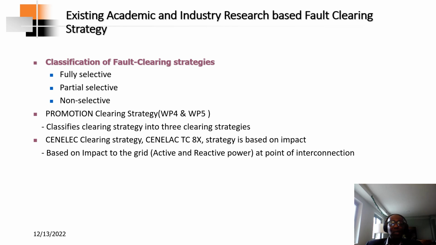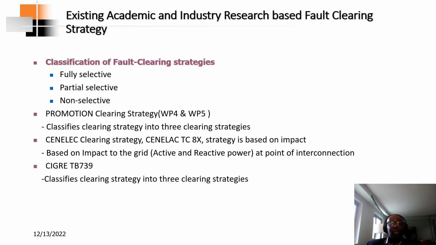And that is based on the amount of active and reactive power that is sensed at the point of interconnection. CIGRE, on the other hand, also classifies fault clearing strategies into 3: fully selective, partial selective, and non-selective fault clearing strategy.